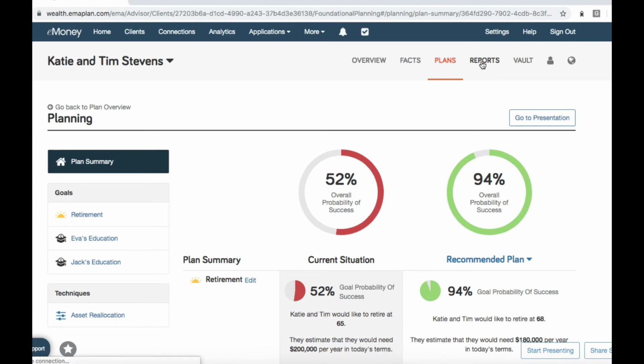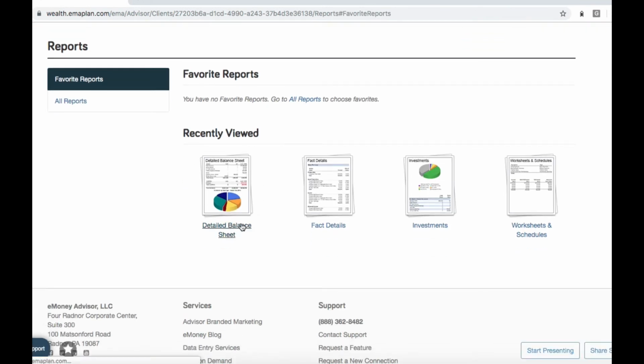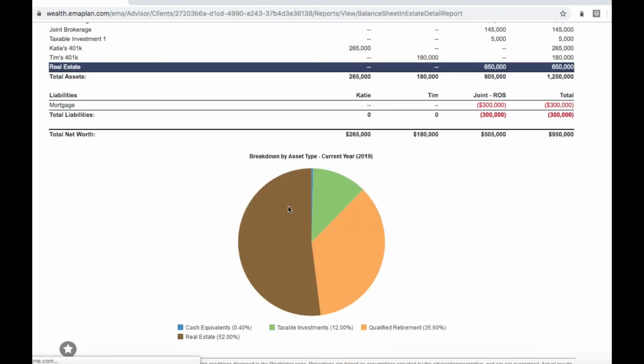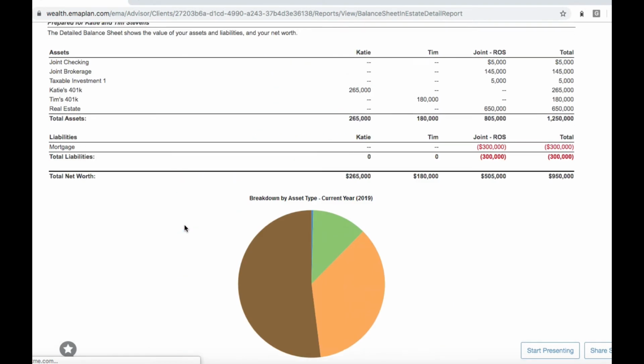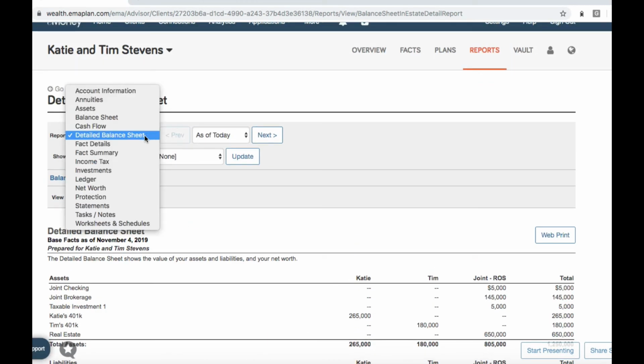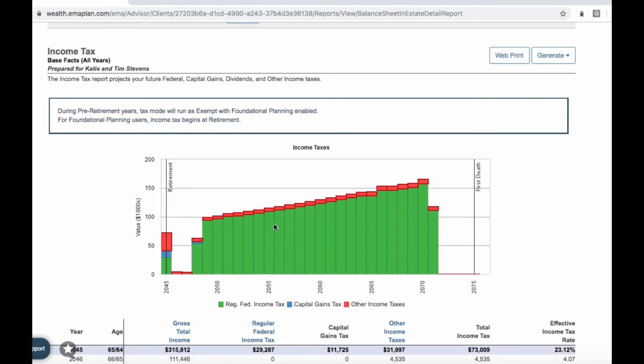And then there's reports. So if you wanted to see a detailed balance sheet and you wanted to print that off, that's what it looks like. You can go up here and change some things as well. You could say, okay, let's just look at some income tax projections.